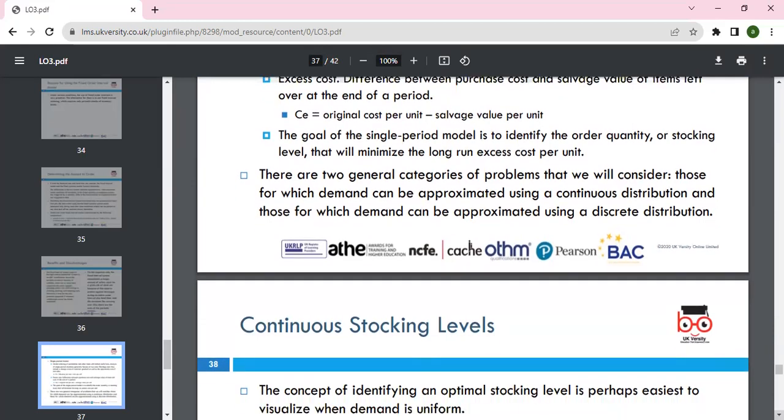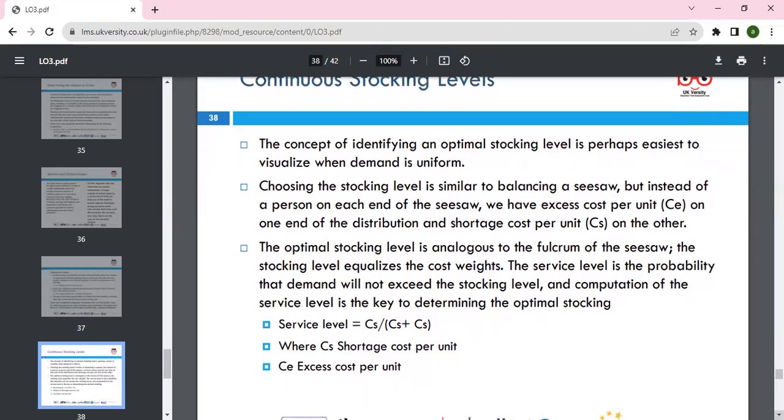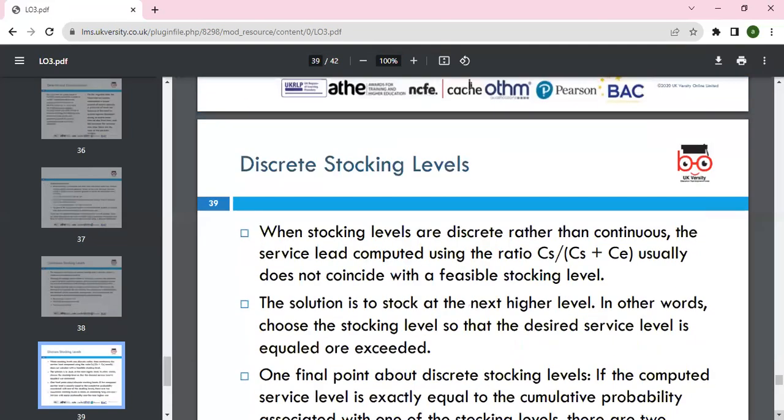For continuous stocking levels, the concept of optimum stocking is perhaps easiest to visualize with uniform demand and stock levels similar to a bell curve. The excess cost and service levels can be compared with the shortage cost. The shortage cost per unit can be a lot, and the excess per unit can be too, so we need a good balanced approach. For discrete stocking, when stock levels are discrete rather than continuous, the service level computed ratio Cs over Cs plus Ce usually does not coincide with a feasible stock level, and the solution is to stock at the next higher level, in other words choosing the stocking level at the desired service level, equal to or exceeding it.